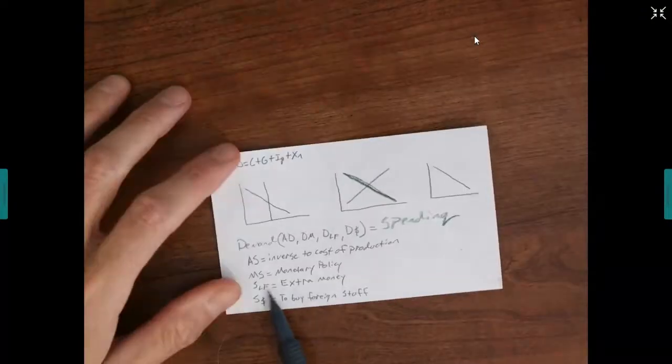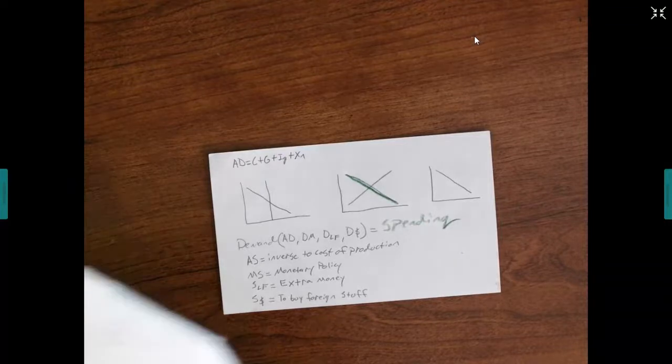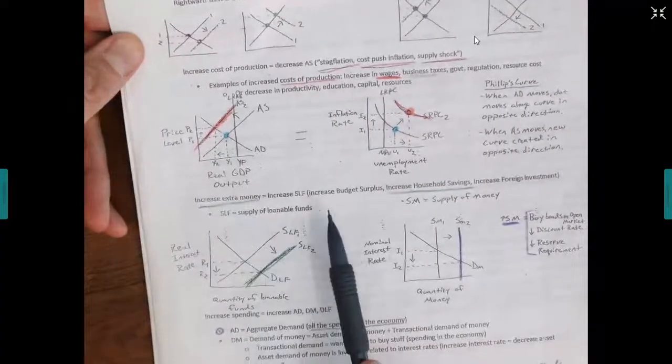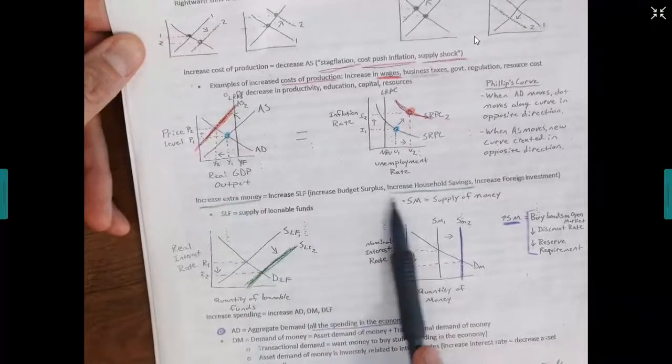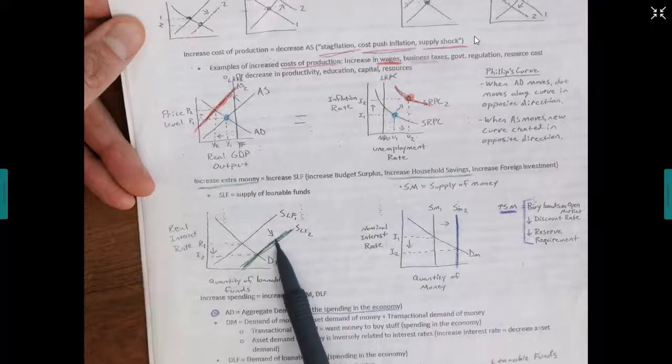Supply of loanable funds is literally just extra money in the economy. It's extra money that can be held by your households, your governments, businesses, or foreigners. So if there is extra money, you would see an increase in the supply of loanable funds.